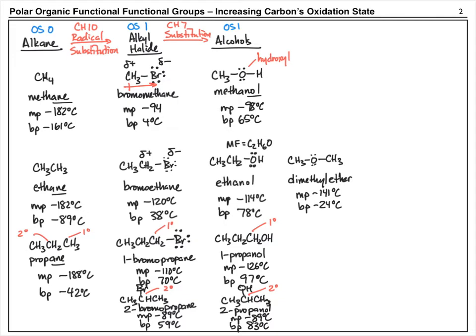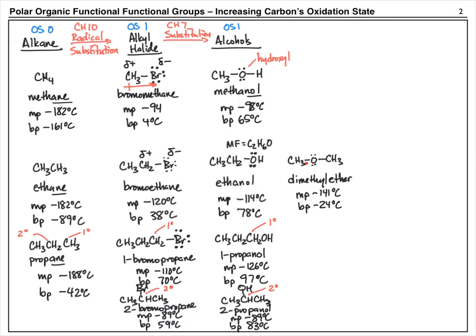And when we're looking at this, the main difference is the presence of this OH functional group, which has the ability to hydrogen bond. That means a molecule of this can hydrogen bond to another molecule of ethanol. They're attracted to one another. So it takes quite a bit of heat to put into the system to get it to boil.